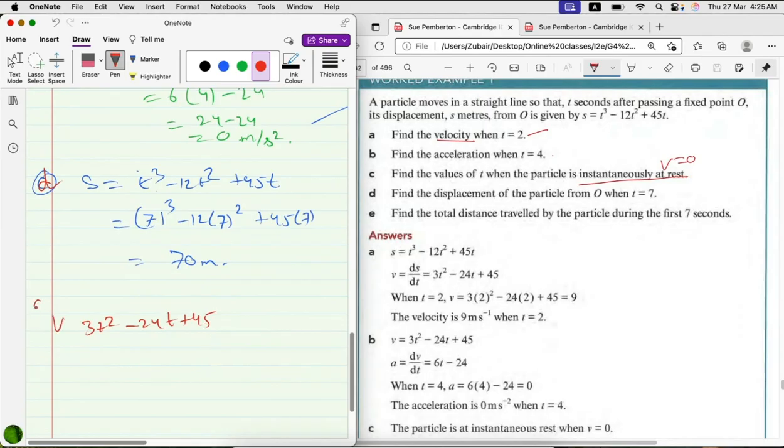This is the equation of velocity for this part. So 0 is equal to 3t squared minus 24t plus 45. Find the value of t. Can you do that? So we just find t from this quadratic.